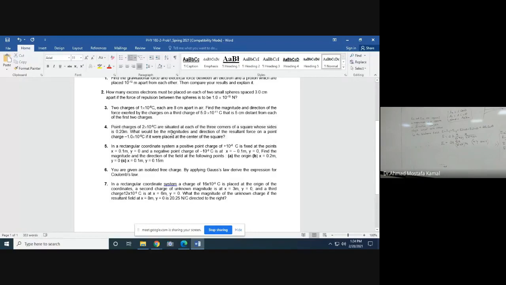What would be the magnitude and direction of the resultant force on a point charge of -1 × 10⁻⁹ coulomb if it were placed at the center of the square? So if you place a charge at the center of the square, what will be the force on this charge?